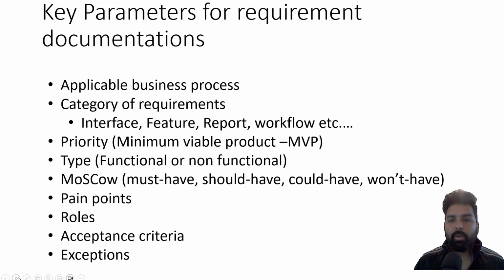Okay. You also need to understand the type of requirement, functional and non-functional. I'm going to give you an example of what a functional requirement looks like and how a non-functional requirement looks like. You need to have the MoSCoW identified: must have, should have, could have, won't have, right? So document everything and talk to the business or the key stakeholders during these discussions, whether it is a must have, a should have, or a could have requirement.